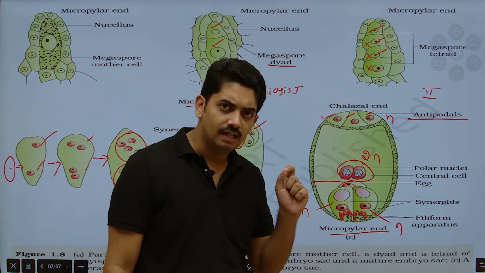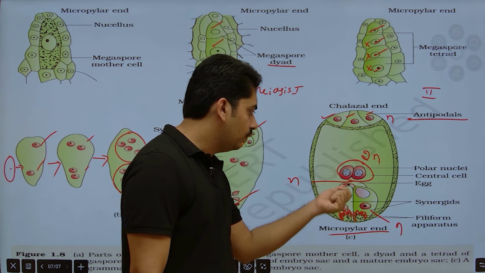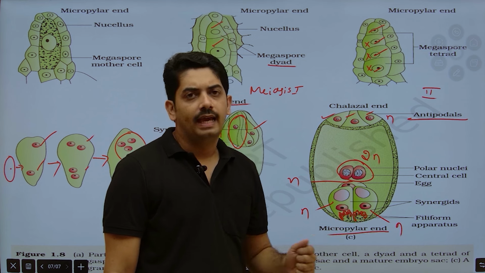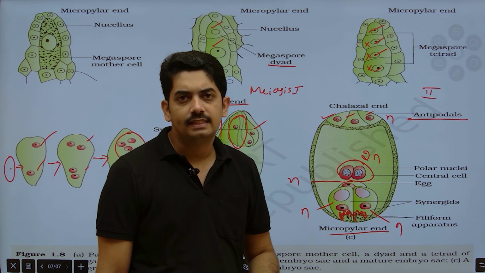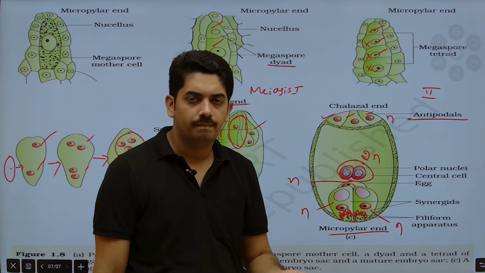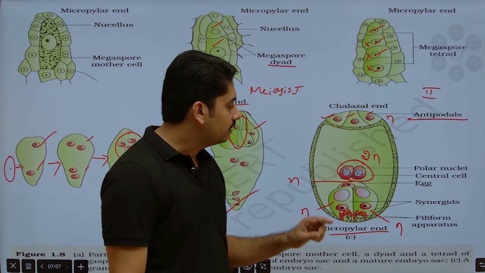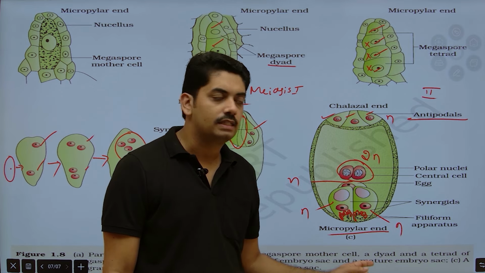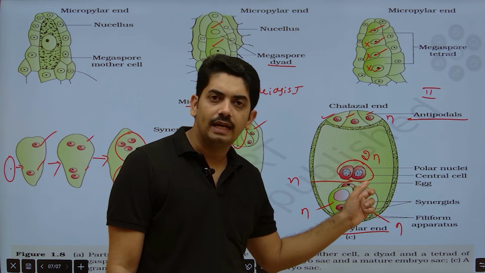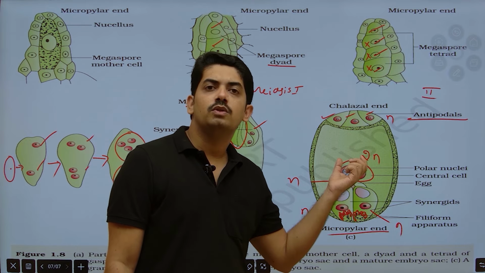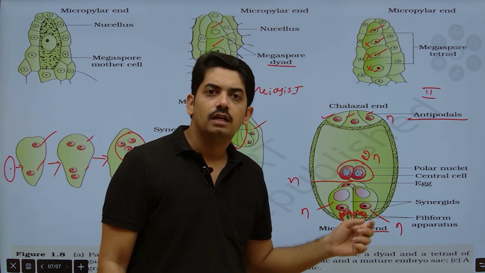There is one important aspect you need to remember here. Once the male nucleus fuses with the egg, it will be fertilized and develop into the embryo. The ploidy of the embryo will be diploid. But there is one more male nucleus. It fuses with the polar nuclei, which is already diploid.